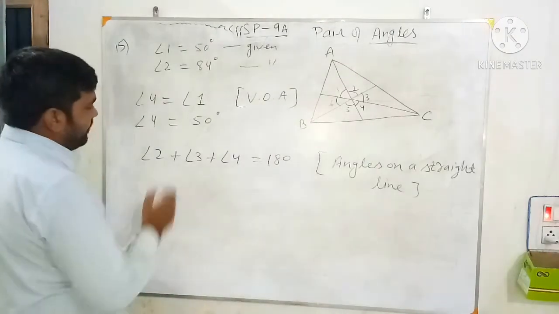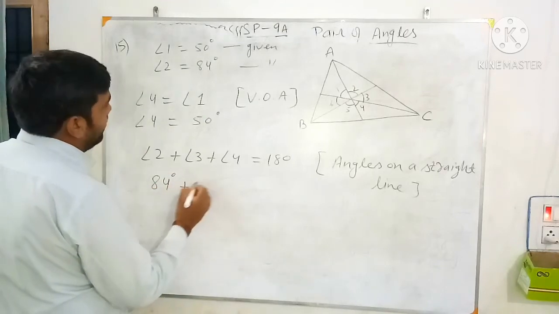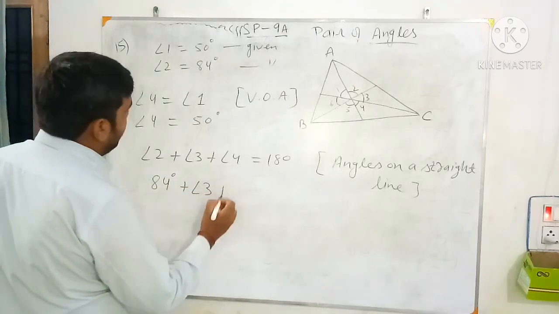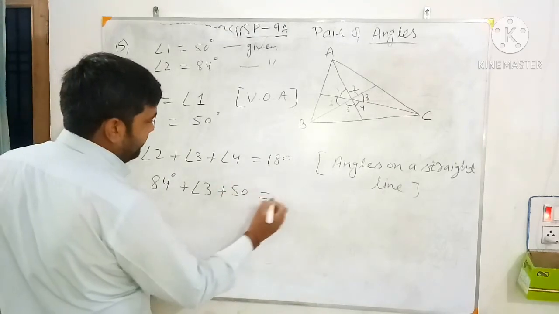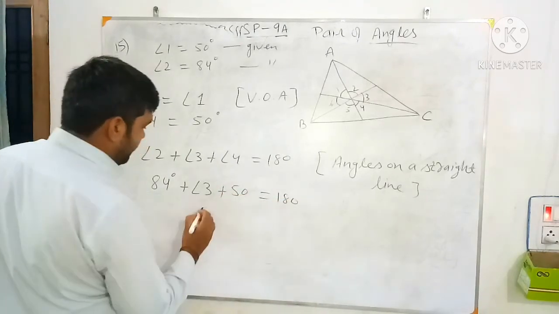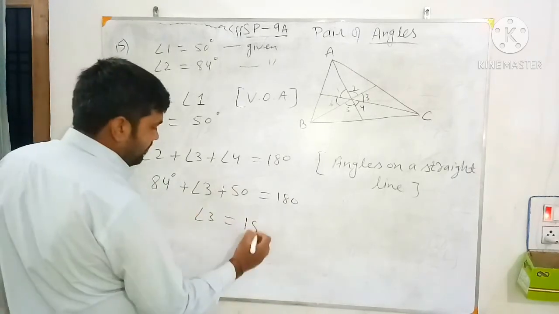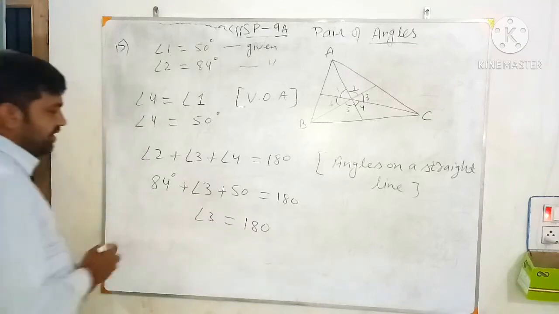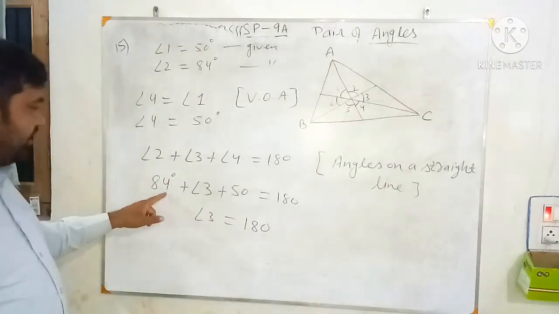Now put the value of the given angle, 2 is equal to 84 degree. Angle 3 we need to find. Angle 4 we have got 50 degree. Now angle 3 is equal to, transpose this. So add first 84 plus 50 gives you 134 degree.